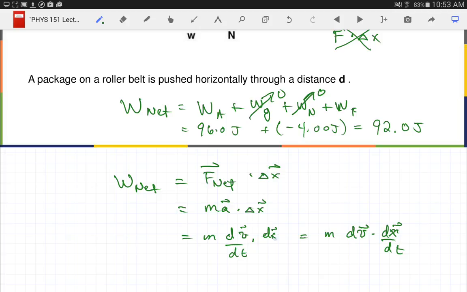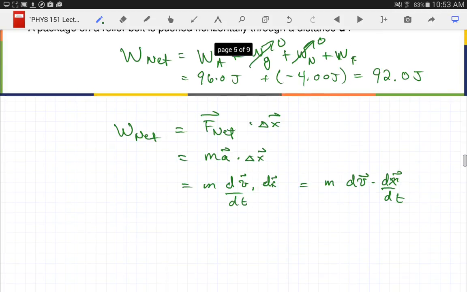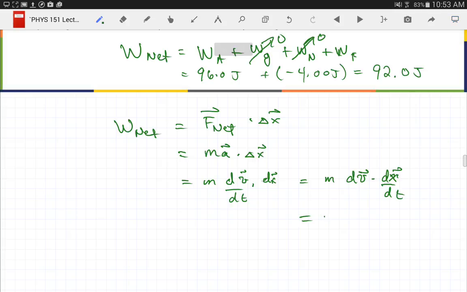I moved the dt from under the dv to under the dx. But dx dt is v. And you have to have the summation part that we don't have, which is the integral. Integral of mv dv is what you get for the calculus part.